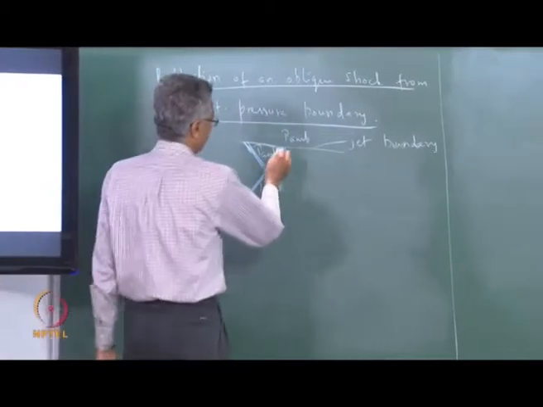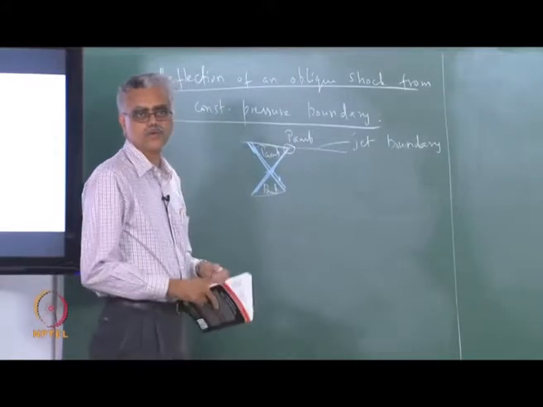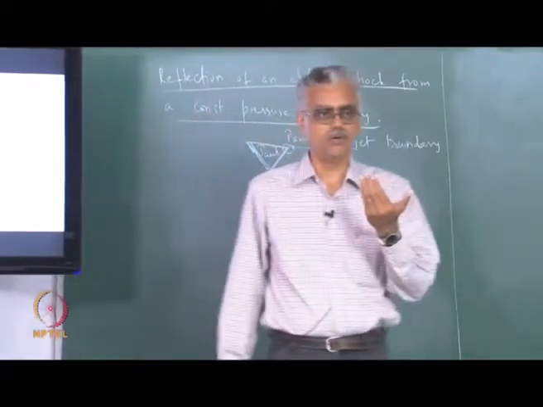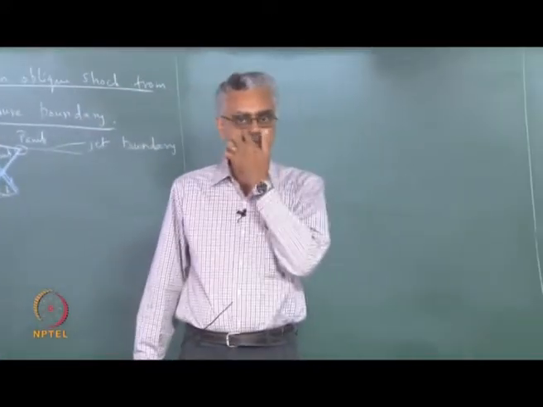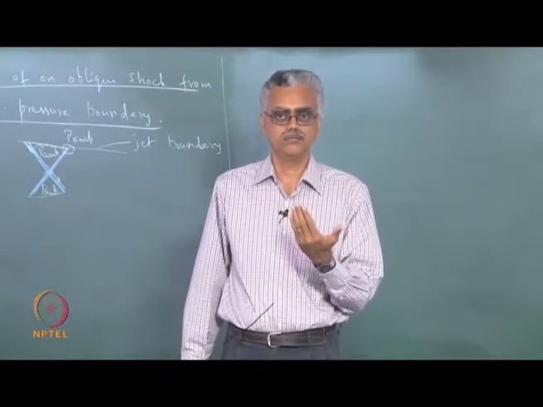So if I focus my attention on the point of impingement here, when the oblique shock impinges upon the jet boundary, the pressure increases, right? Static pressure always increases across the oblique shock wave.